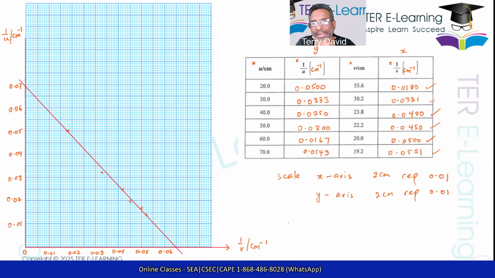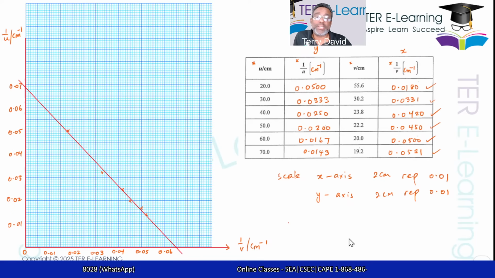This looks like a possible graph here, probably. Okay. So this here represents my graph of 1 over u versus 1 over v. I'm sure the next thing they're going to ask us is for the slope.